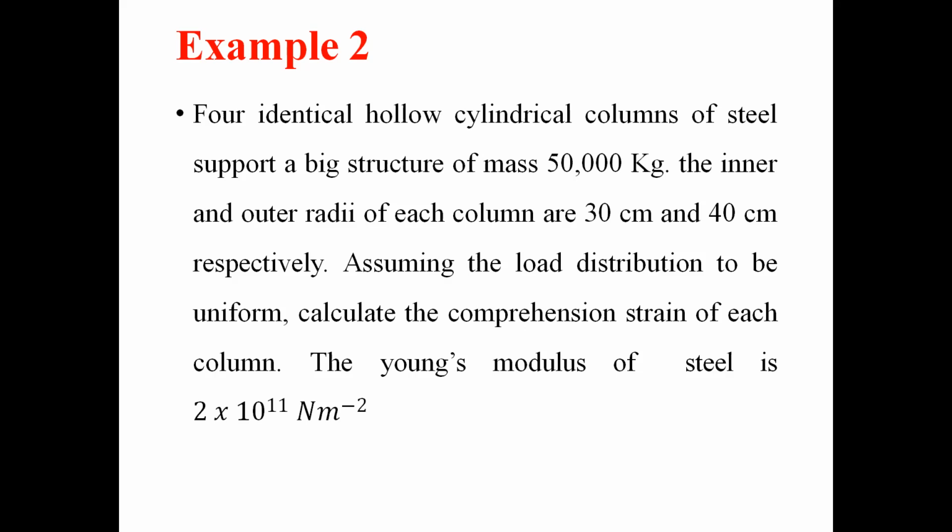Assuming the load distribution to be uniform, calculate the compressional strain of each column. The Young's modulus of steel is 2 into 10 power of 11 Newton per meter square.